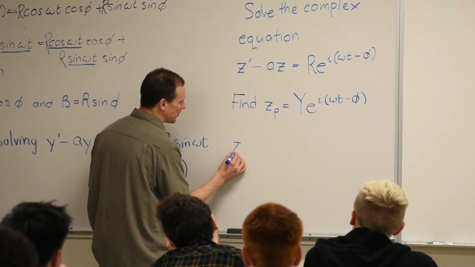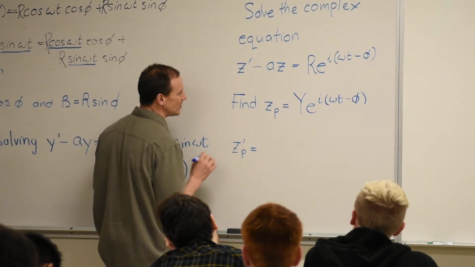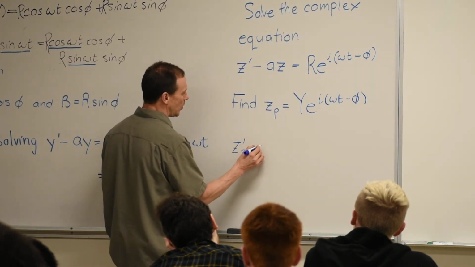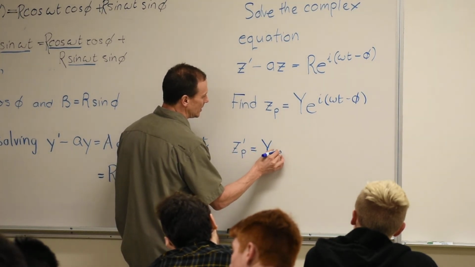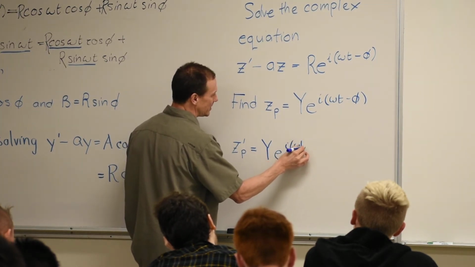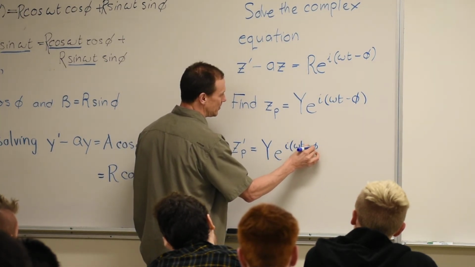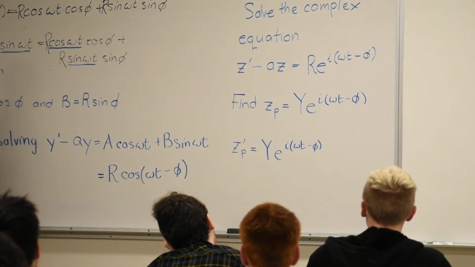So z particular prime is going to be y times e to the i parenthesis omega t minus phi parentheses. And then we apply the chain rule.